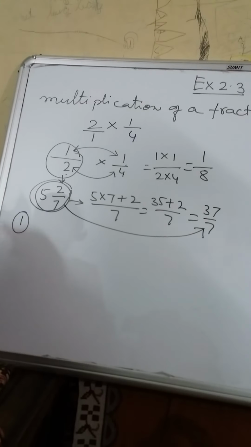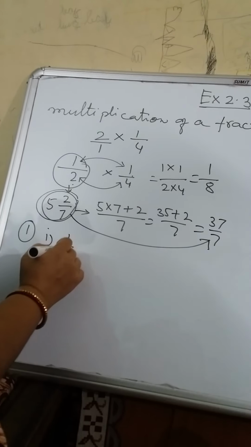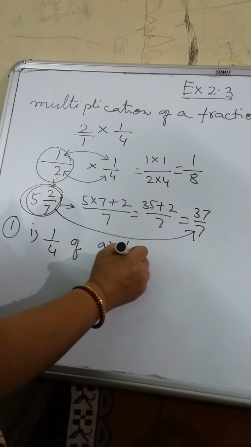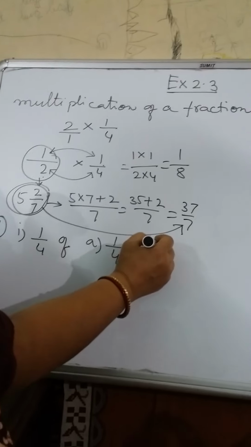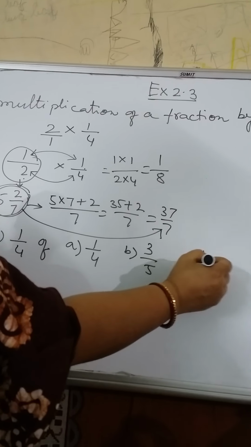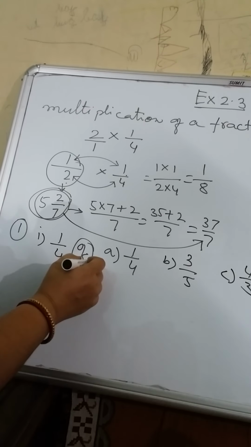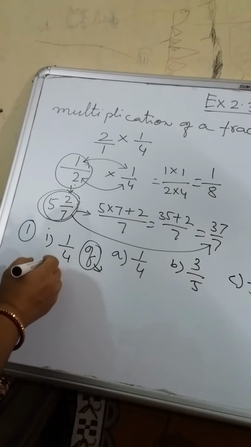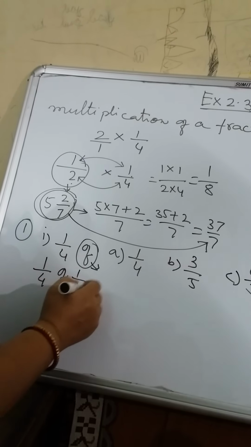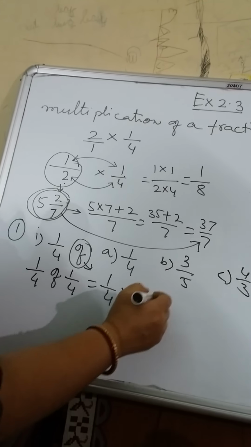Question number 1. You have to find the product. Find 1 by 4 of A 1 by 4, B 3 by 5, C 4 by 3. Of means multiplication, as we have already discussed. So 1 by 4 of 1 by 4 is equal to 1 by 4 into 1 by 4.